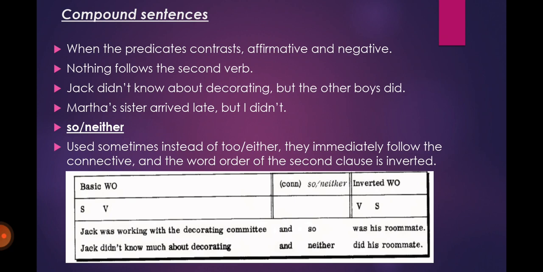So the original sentence was شنو كانت الجملة الأصلية؟ Jack was working with the decorating committee and قبل and راح نقدر نقول his roommate was working with the decorating committee. فاللي اختلف عندي إن أنا قدمت الفعل اللي هو الverb was على السبجكت his roommate إلى النهاية. يعني وكأنما نفس الطريقة اللي نتعامل بها مع yes no questions، نقدم الفعل على الفاعل بس بدون تغيير. شنو عندي بالجملة هو اللي أقدمه، فعل رئيسي، فعل مساعد whatsoever.